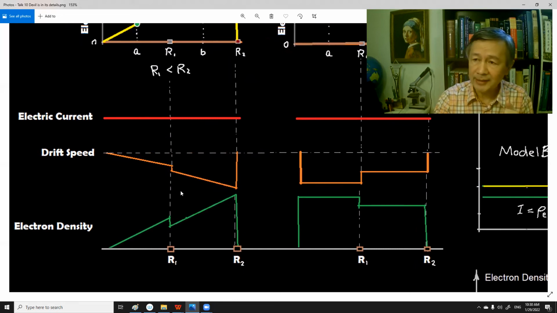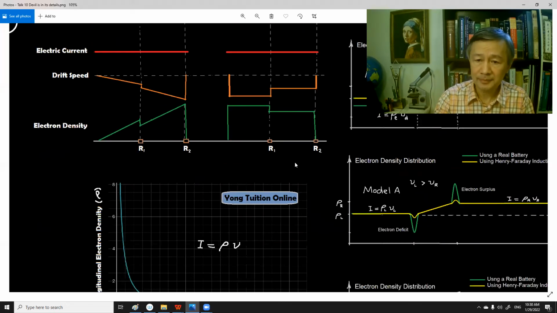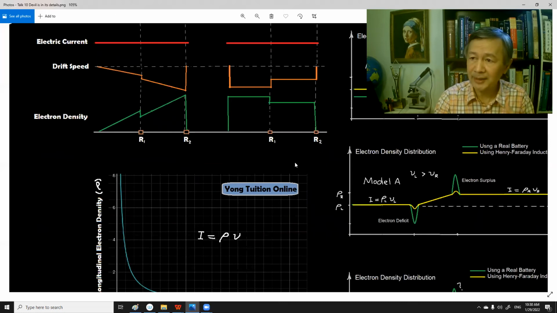However, in the circular loop, in which the current is induced by changing magnetic flux, the electron density increases linearly while the drift speed decreases linearly, so that we can still explain the observation that the current is constant.